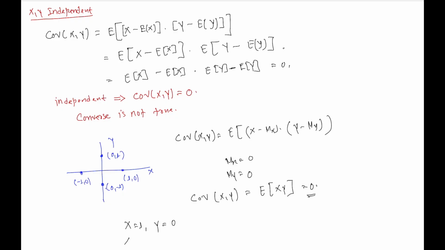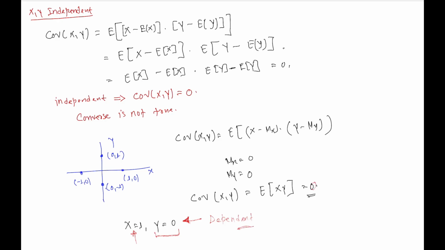By just saying this, you see, you got the dependence, right? If you know x, you get to know what y will be. So there is some dependence, so these random variables are dependent.